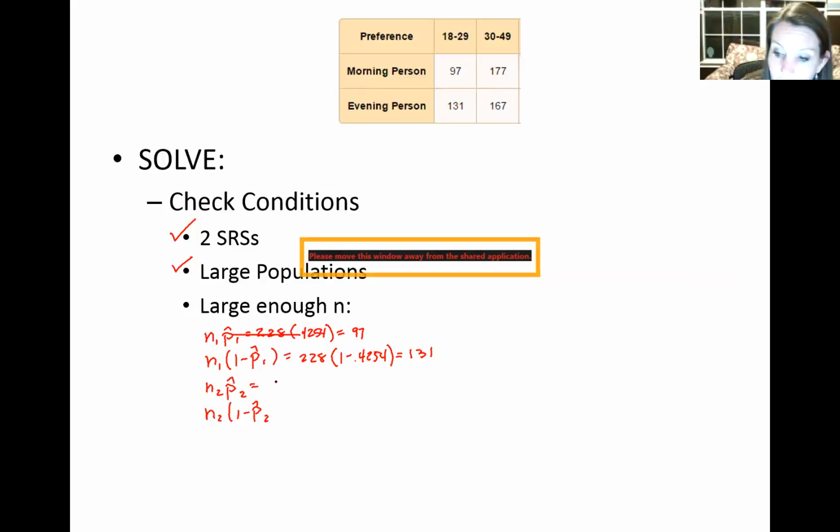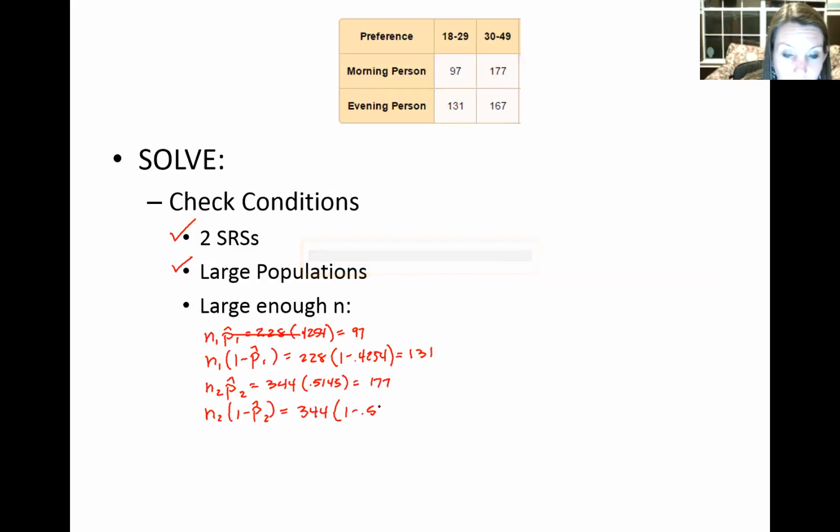Then I have N2, which is 344, times P hat 2, which is 0.5145, which gives me 177. Oops, forgot to put the parentheses on that one. Then I have 344 times 1 minus 0.5145, which gives me 167.